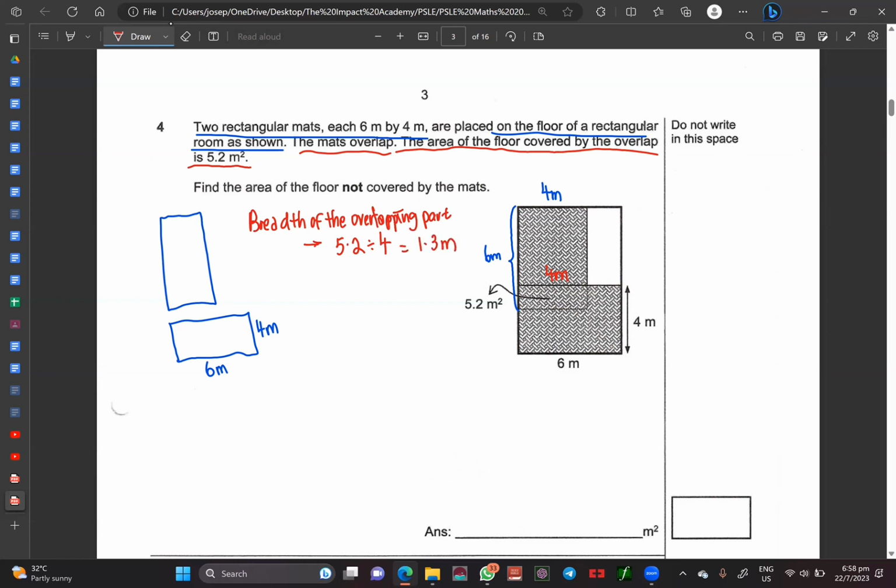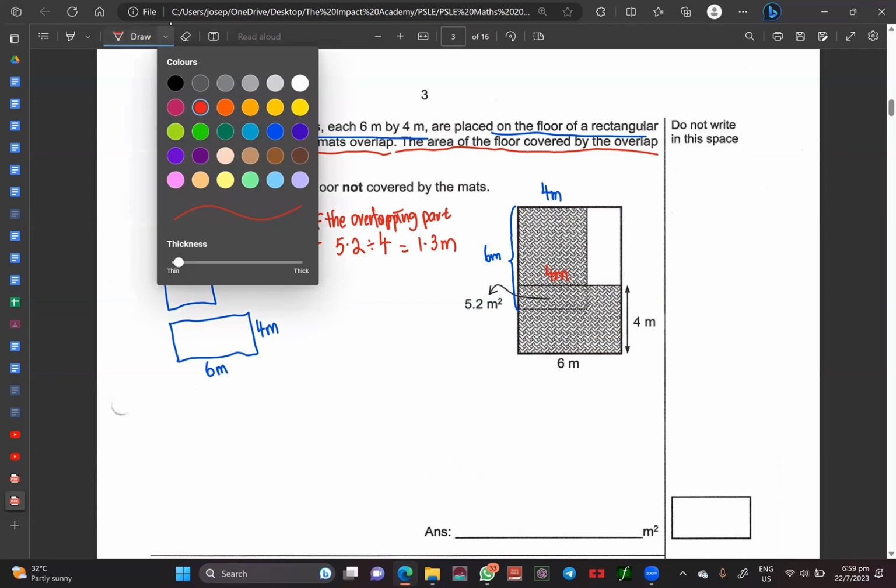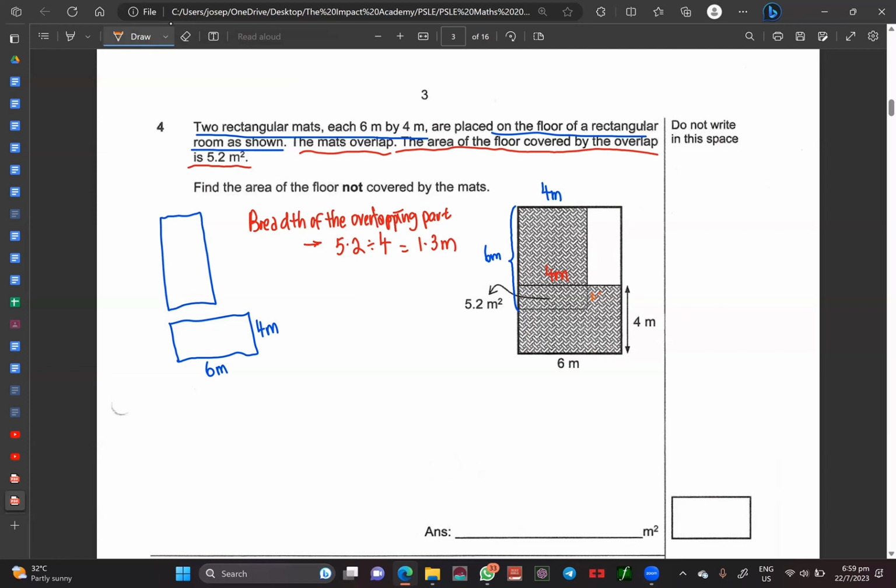So where is 1.3 meters? You quickly want to note it down in your diagram. You know that this is 1.3 meters. I tell my students this: try your best to mirror image. If this is 1.3, follow my cursor. If this is 1.3, isn't it true to say that this small little part here is also equal to 1.3?